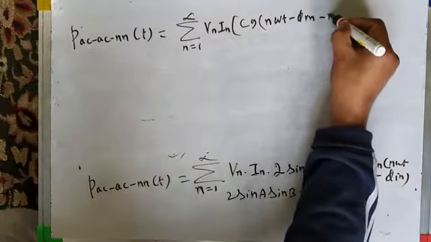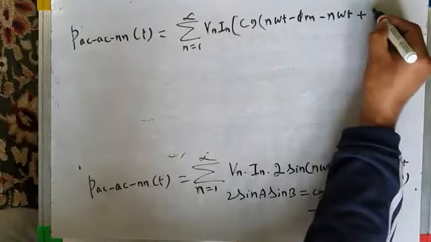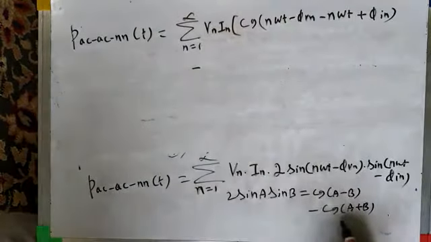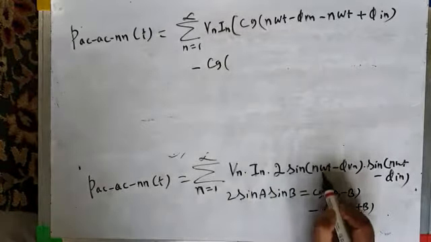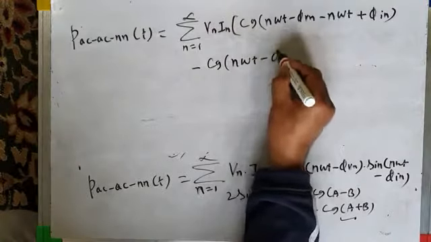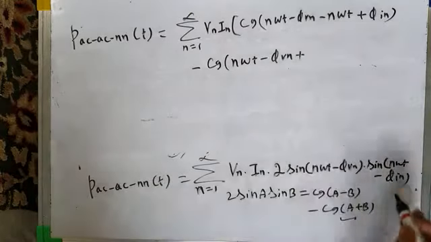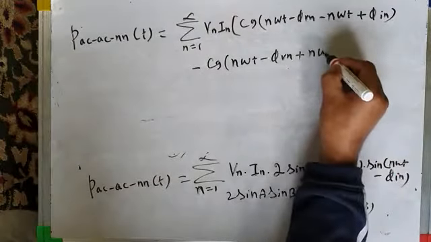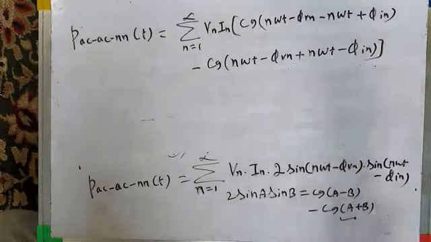So it is n omega t, minus into minus is plus, plus phi In, minus cos of A plus B. Cos of A is again n omega t minus phi Vn, plus B. B is n omega t minus phi In.